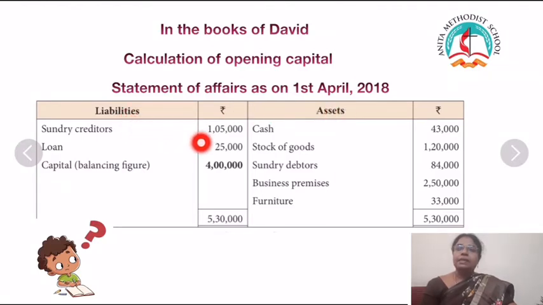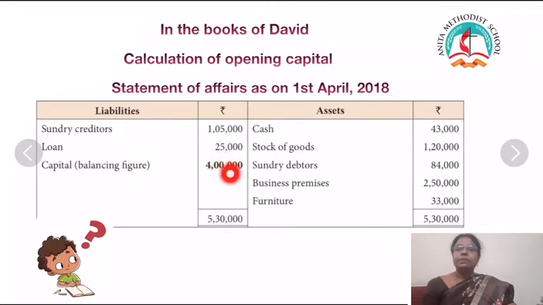So asset cash 43,000, stock of goods 1,20,000, sundry debtors 84,000, business premises 2,50,000, furniture 33,000. So the total comes to 5,30,000. On the liability side, sundry creditors 1,05,000 and loan 25,000.